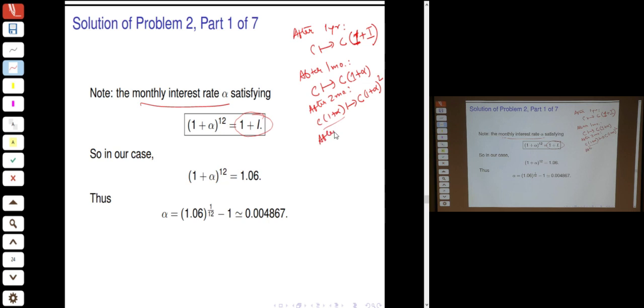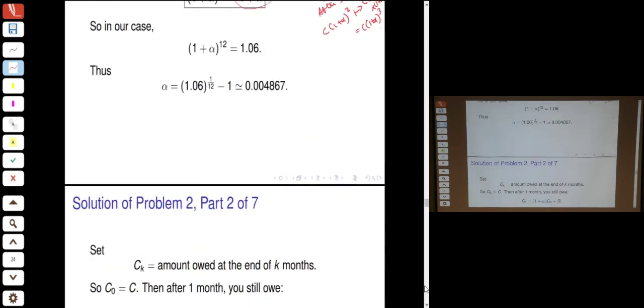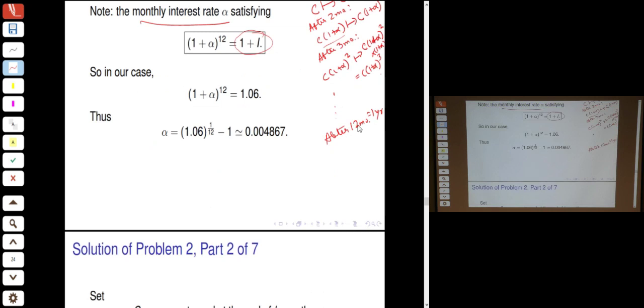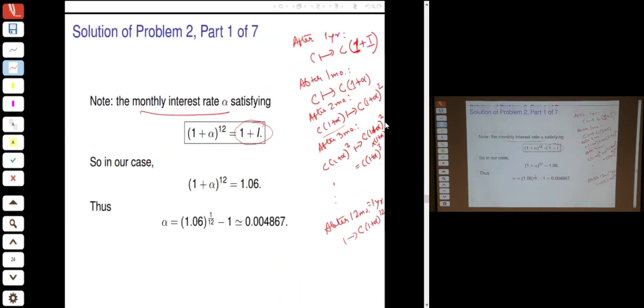After 3 months, the third month you begin with C times 1 plus alpha squared and you grow by a factor of 1 plus alpha, so you grow to C times 1 plus alpha cubed. Eventually after 12 months, which is 1 year, you grow to C times 1 plus alpha to the power of 12, because there have been 12 months intervening.